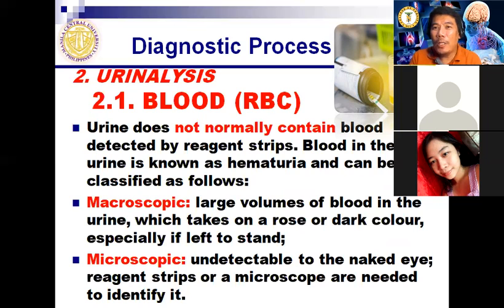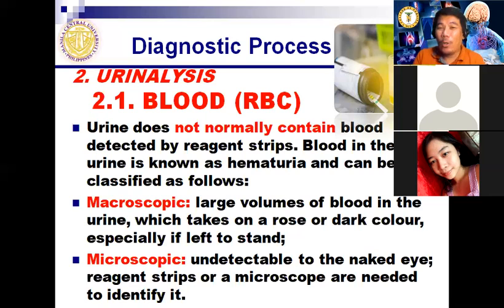The blood in the urine can be distinct to the naked eye or it cannot be distinct visually. The large volume of blood that can be seen in the urine is called macroscopic.